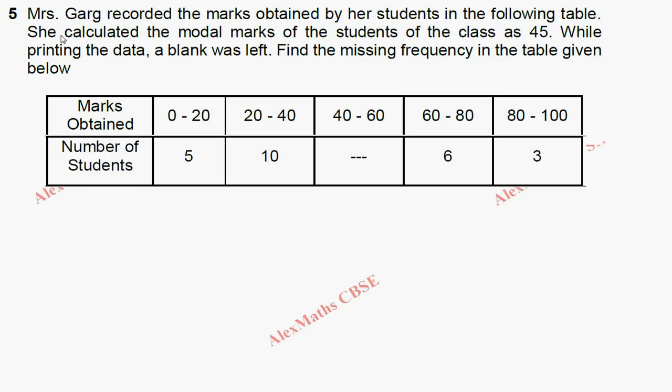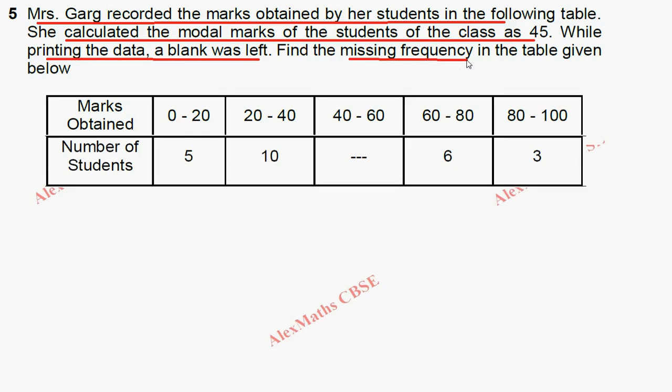Question number 5. Mrs. Garg recorded the marks obtained by her students in the following table. She calculated the modal marks of the students of the class as 45. While printing the data, a blank was left, and we have to find the missing frequency in the table given below. And the modal mark is 45, so our mode lies here.